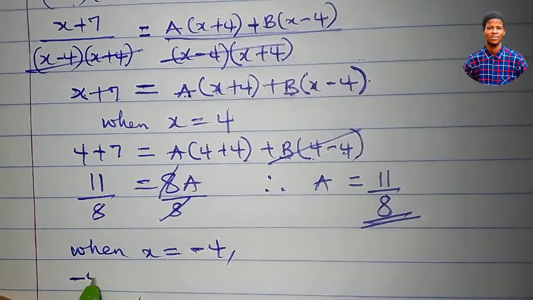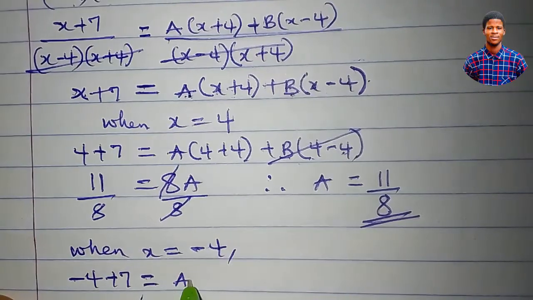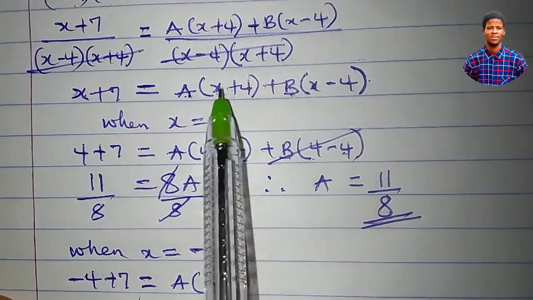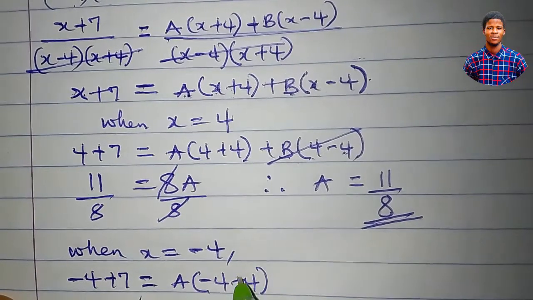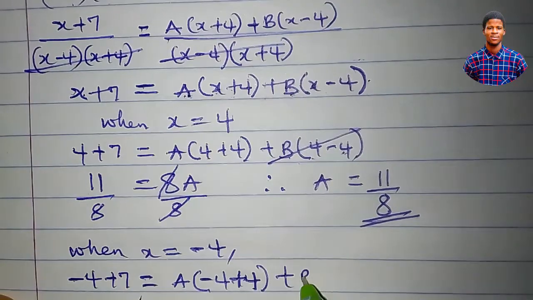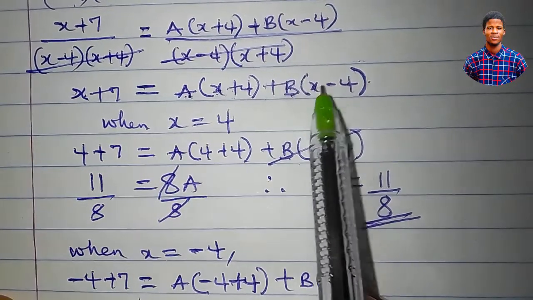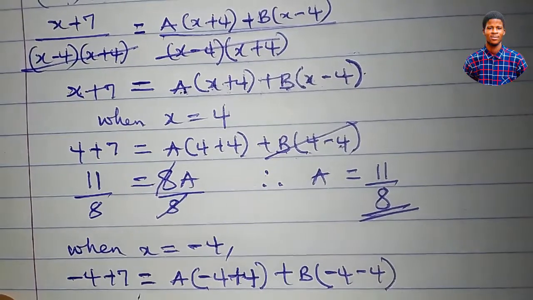That is -4 + 7 = A(-4 + 4), which is 0, plus B times (-4 - 4).